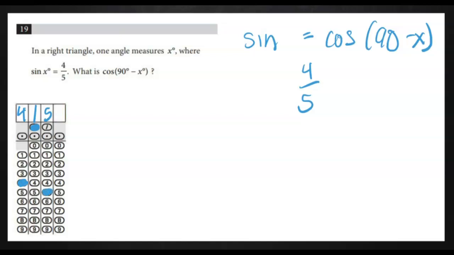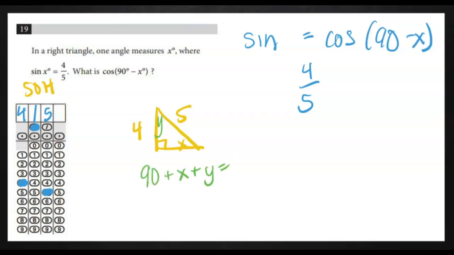Now another way to approach this question, in case you forgot the complementary angle relationship, is just to do some trig. So you have sine of x is equal to 4 over 5, so let's make a right triangle. So here's angle x. So sine is opposite over hypotenuse, right? That's the SO part of SOHCAHTOA. So let's label the angle at the top y for now, so I know what I'm talking about. And if I have a triangle, I add up all my angles, and it has to equal 180. I do need to make 90 minus x out of the equation that I have right here.